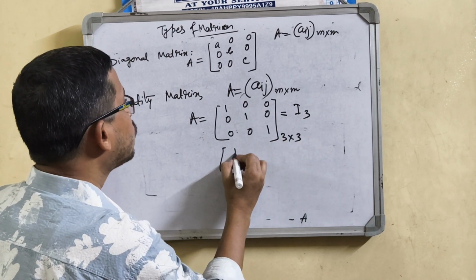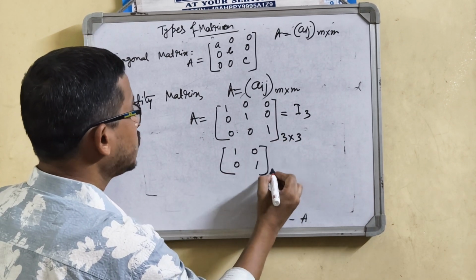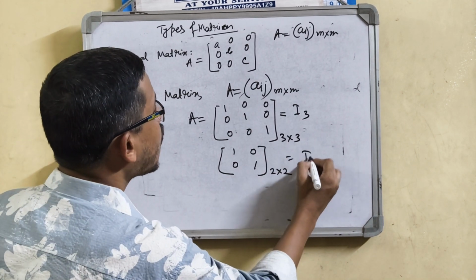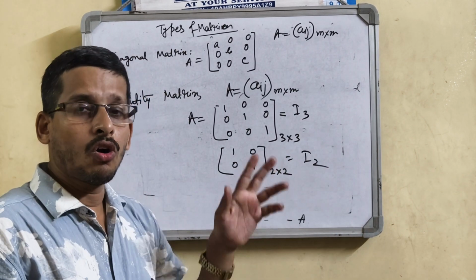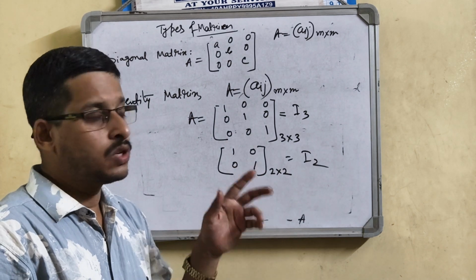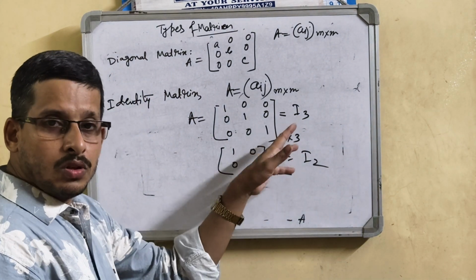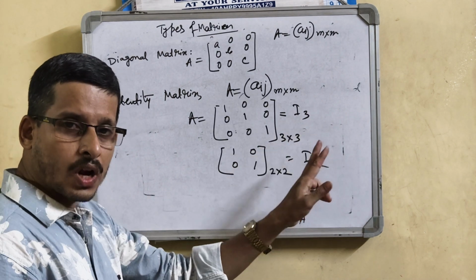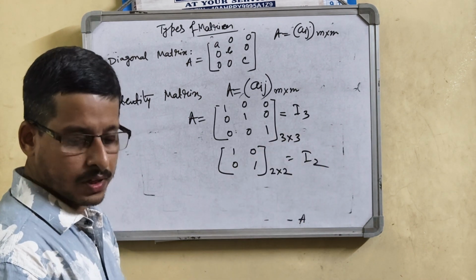If we write 1 0 0 1, that is 2 by 2, this is known as I2. According to the order of the identity matrix, we may write it symbolically as I2, I3, I4, I5, and so on, up to In, etc.